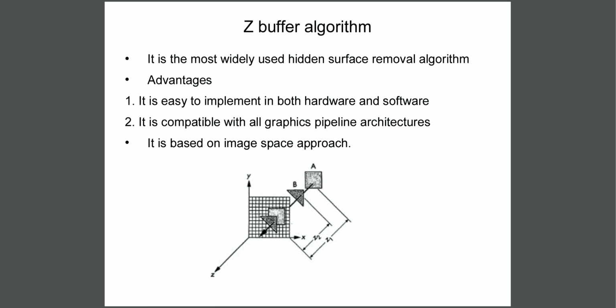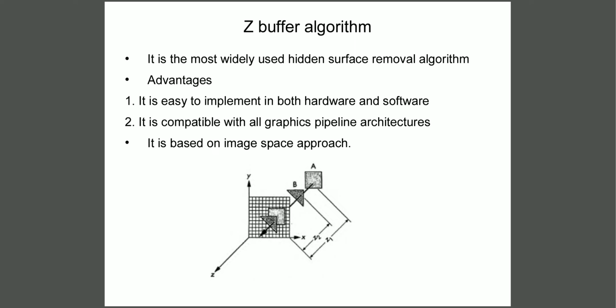What we are doing in this Z-buffer algorithm is, whenever we have two polygons to display on an output screen, we need to update the corresponding pixels in the frame buffer. Whenever the pixels get stored in the frame buffer, those pixels will get displayed on the output screen, so we are able to observe the output.